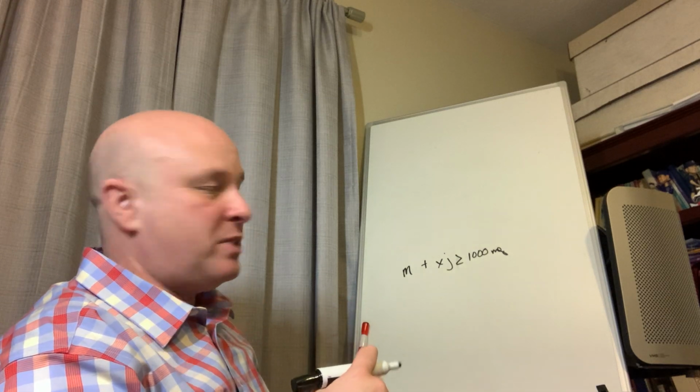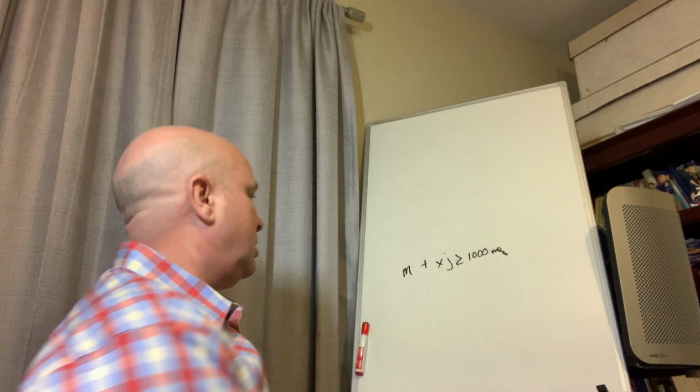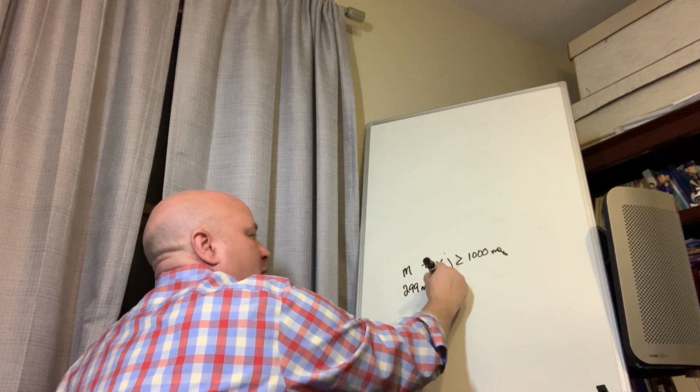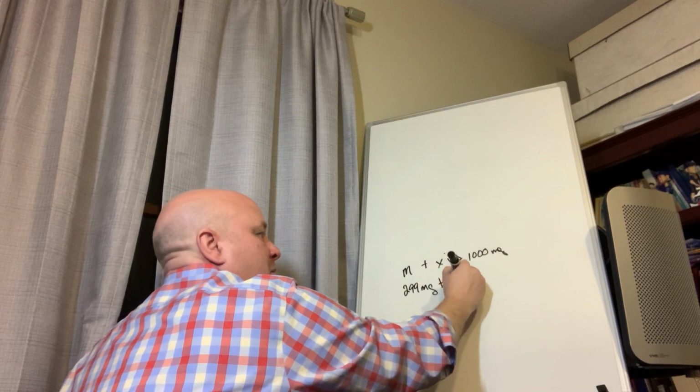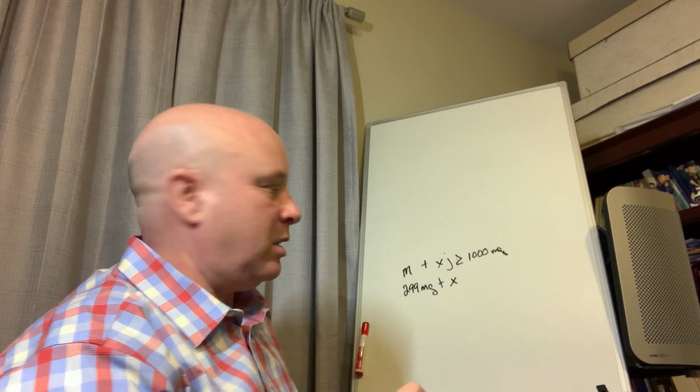Well, we already know that milk is 299 milligrams. So 299 milligrams plus some number of juices, each 261 milligrams.